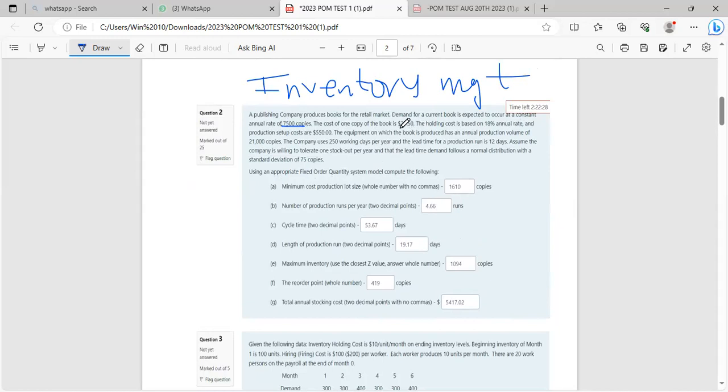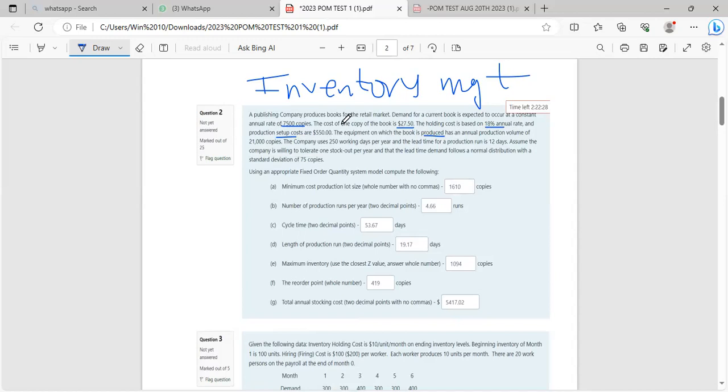The cost of one book is 27.5. The holding cost is 18%. And the production setup, so this is inventory management model 2, because they're talking about production. The equipment on which the book is produced has annual production of 21,000. Annual demand is 7,500.